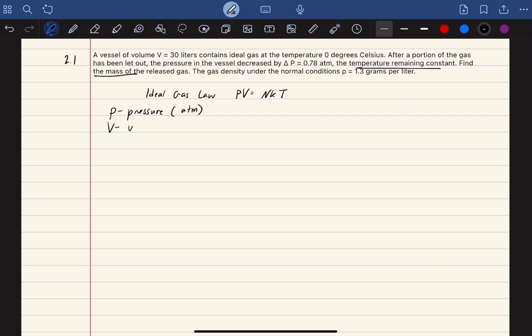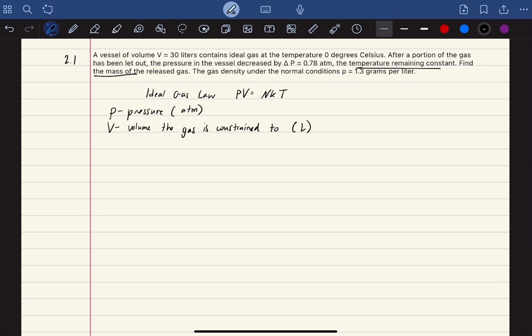V is the volume the gas is constrained to, essentially the volume of the container, whatever the gas is occupying. In this problem, it's in liters.